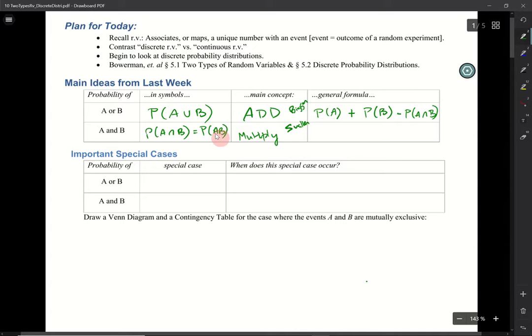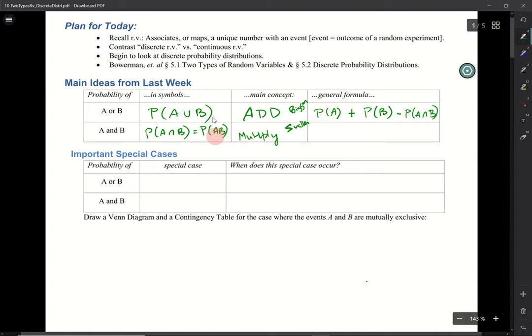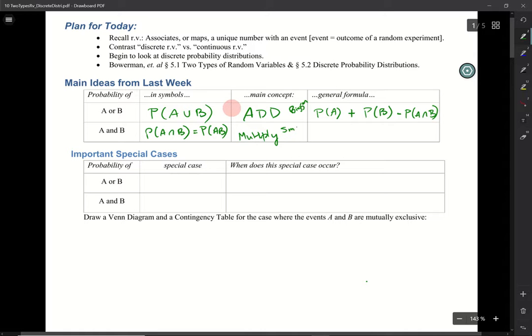Remember probabilities are fractions, they're all less than 1. So if you take any number and you multiply it by a fraction, by a number less than 1, it gets smaller, right? And so what we want to think about is when we do intersection, which is smaller, we multiply.